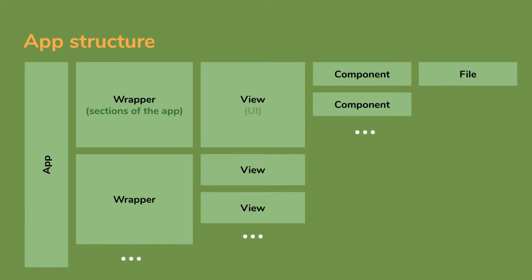If we focus on a view, each view is made of components. One view can have one component or more than one component. The components are the units that handle the content. There are different types of components: we have the image component, the text component, input text.